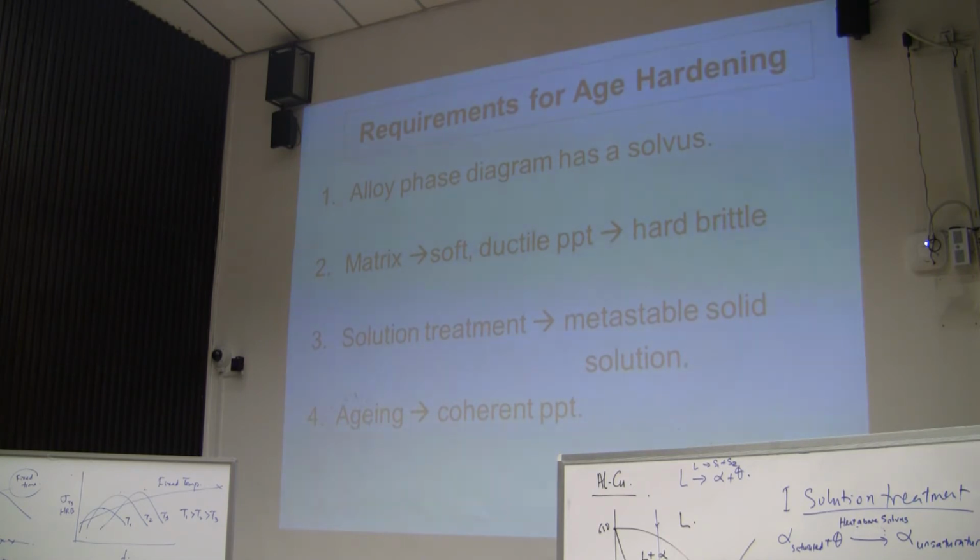Remember, the precipitate at first is coherent, it will grow and grow until you reach a certain size and it becomes incoherent. That is overaging. So if you do artificial aging where you are using heat, there's a risk that if you don't control your parameters, you can overage.